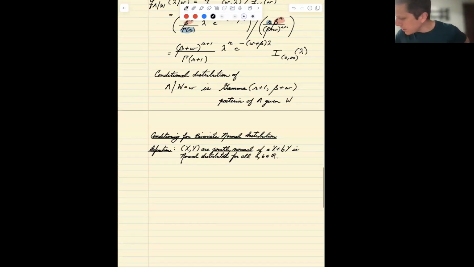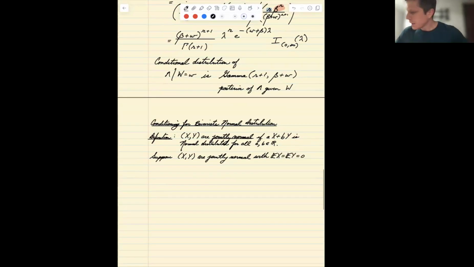And so let's suppose X and Y are jointly normal. And let's assume that their mean is 0, variance 1.